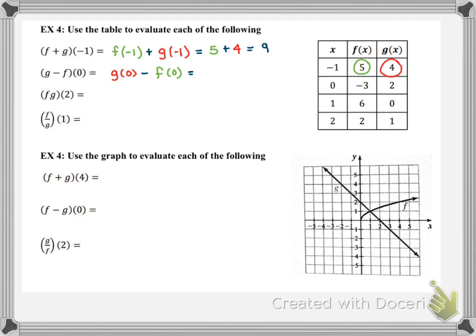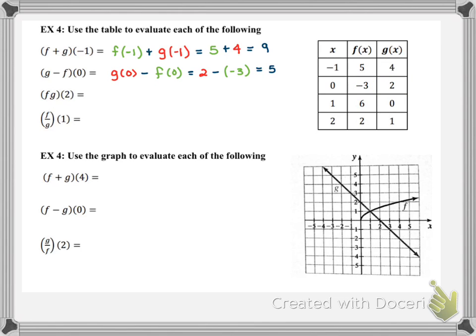So g of 0 is 2. And f of 0 is -3. So we'll end up with 5. And then let's look at the graph, and then I'll have you guys finish both these up.